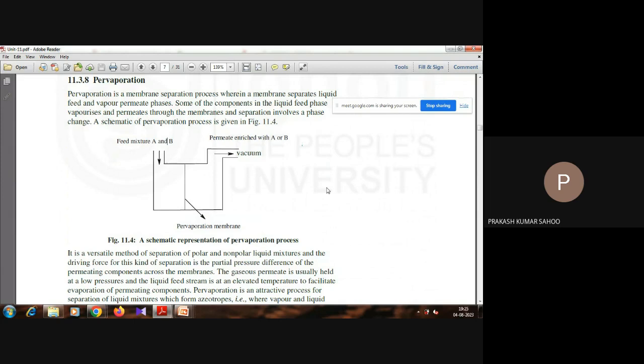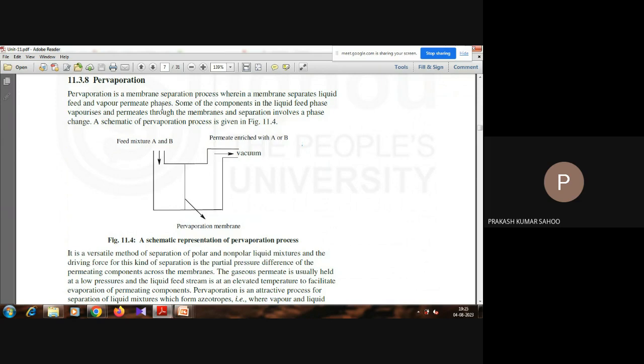Let us have the mixture as an azeotropic mixture. Then the membrane separates the liquid feed and vapor permeate phases.